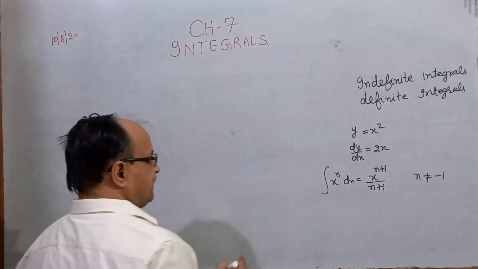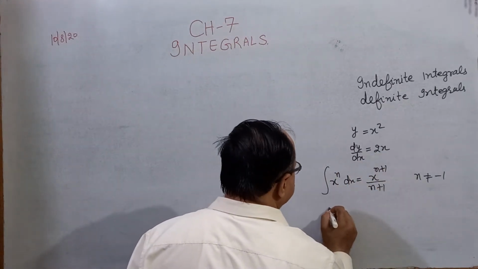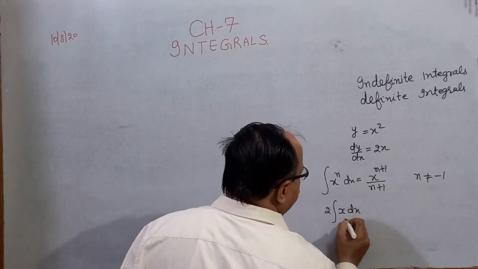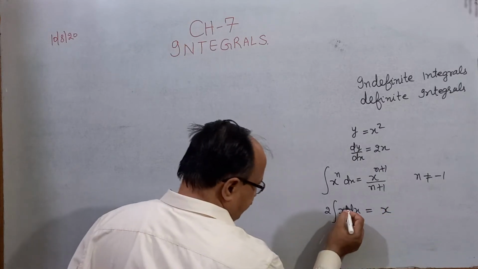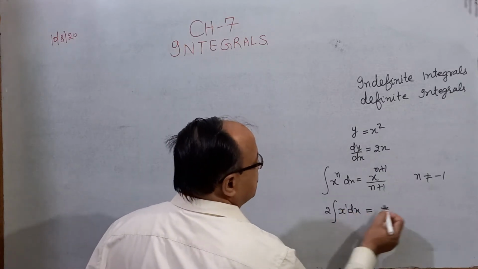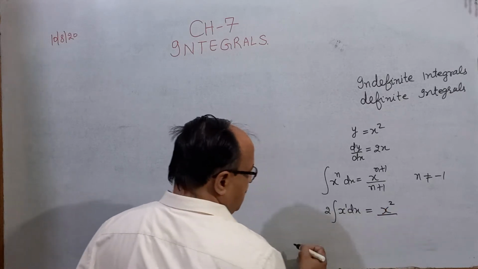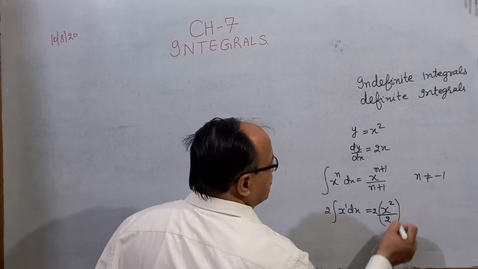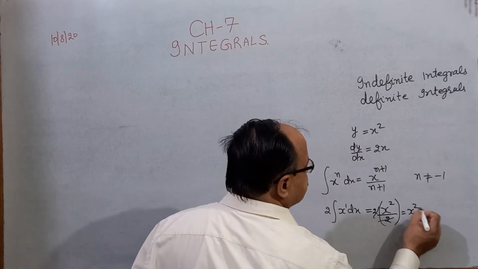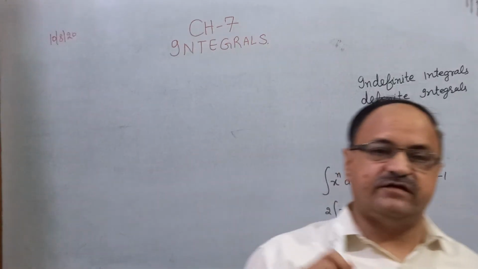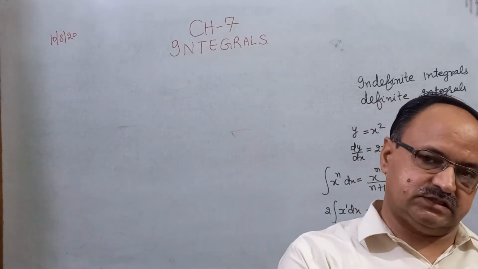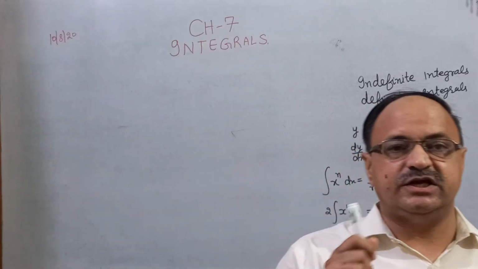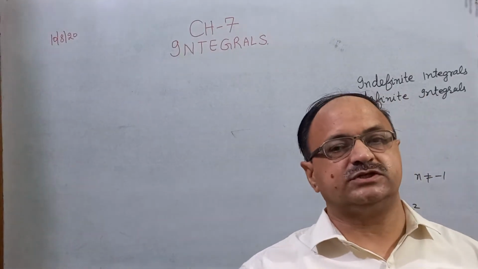According to this formula, the integral of 2x dx, with 2 as the constant coefficient outside, gives x to the power 1 plus 1, which becomes 2, and 2 outside. So the derivative of x square is 2x and the integration of 2x is x square. It means you can say integration is the inverse process of differentiation.